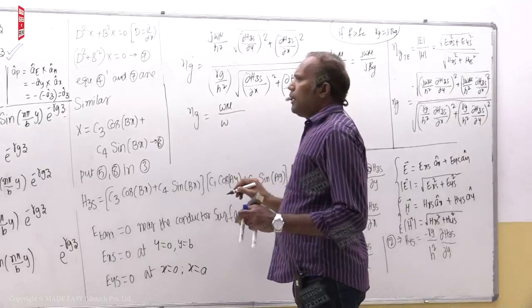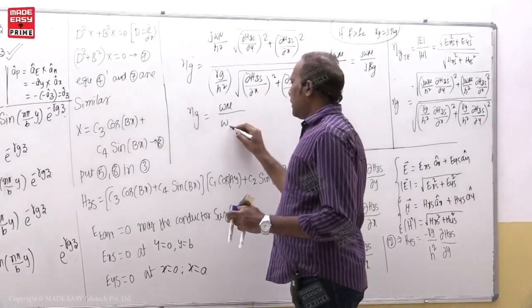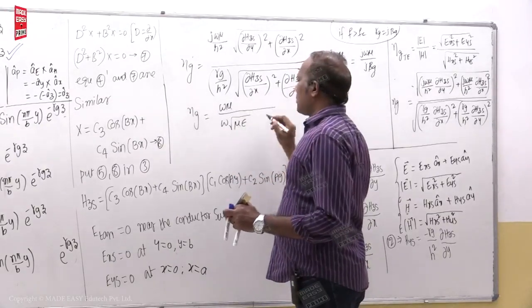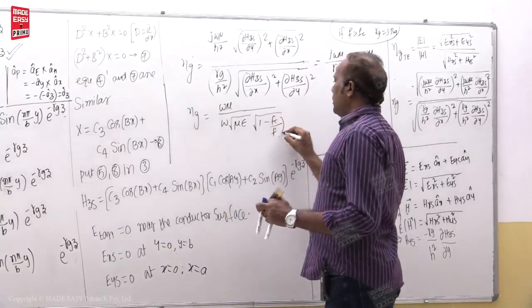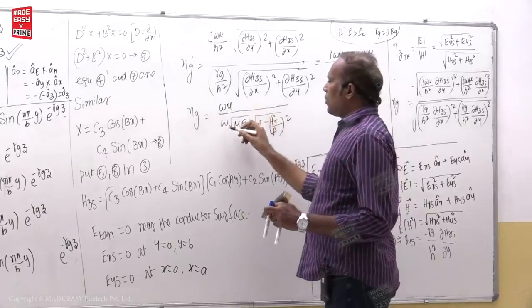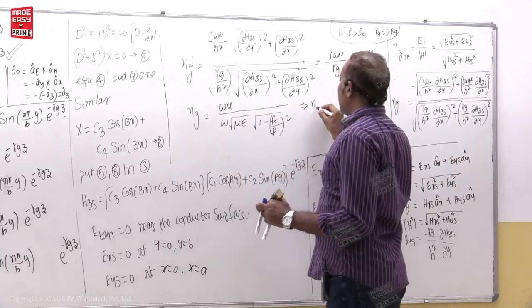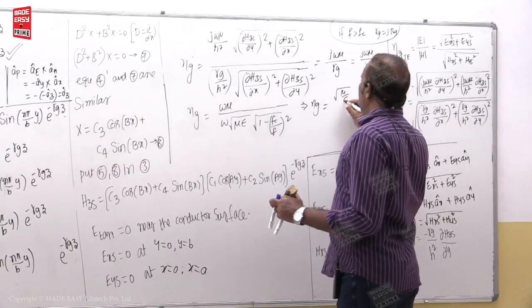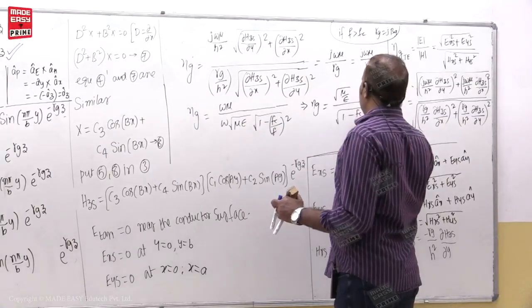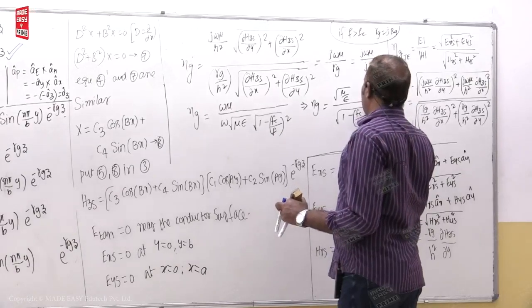As I have written in case 3, beta g is root of 1 minus fc by f whole square, and omega cancels. That implies eta g is equal to root of mu by epsilon divided by root of 1 minus fc by f whole square. You got this.